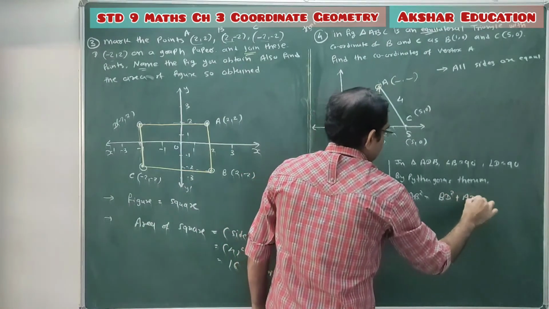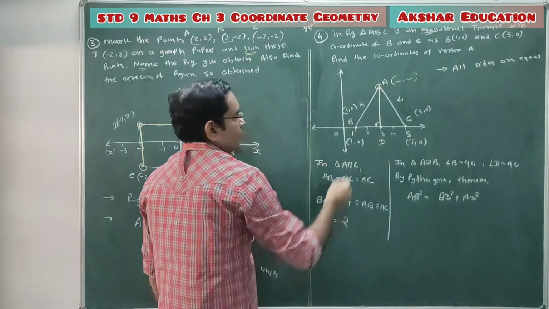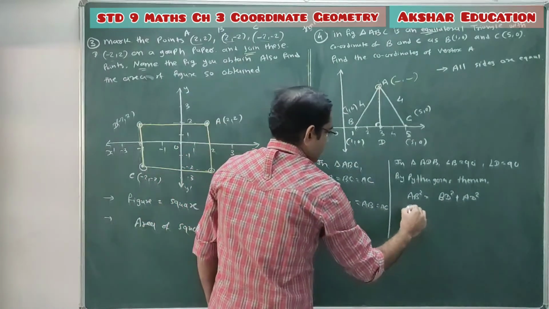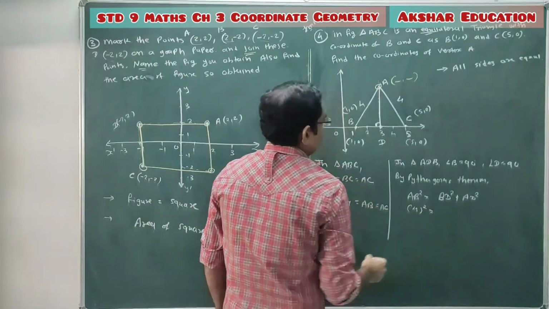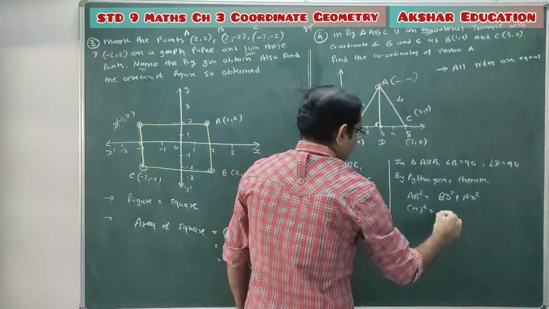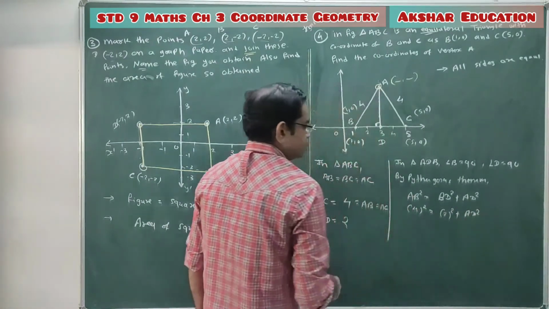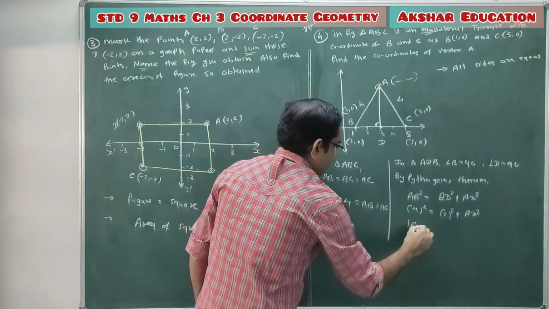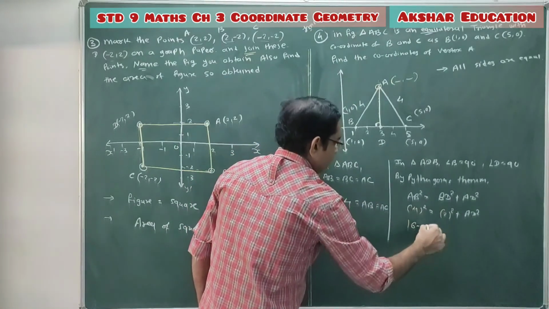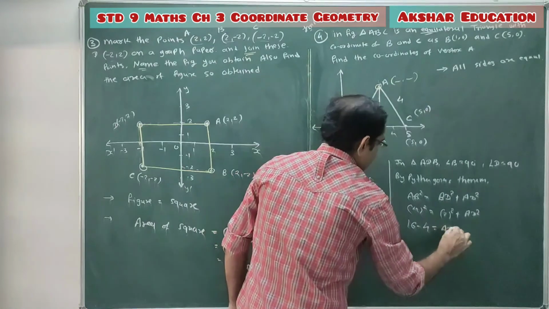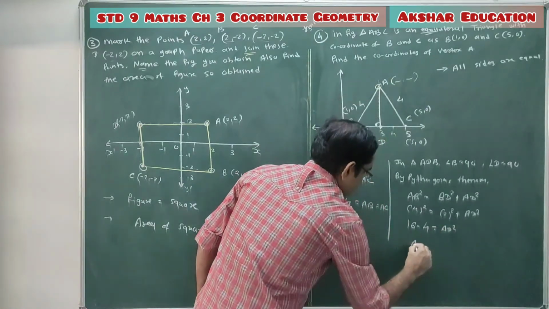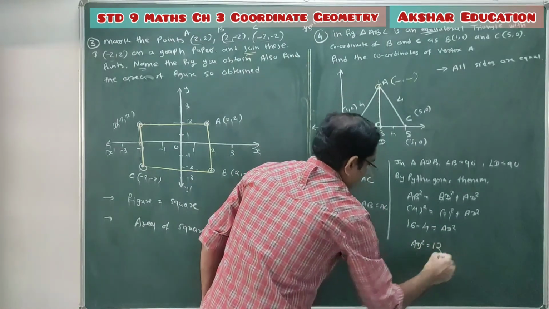The AB length is 4, so 4 squared, equals BD length 2 squared plus AD square, which we have to find. 4 squared is 16 minus 2 squared which is 4, equal to AD square. So AD square equals 12.